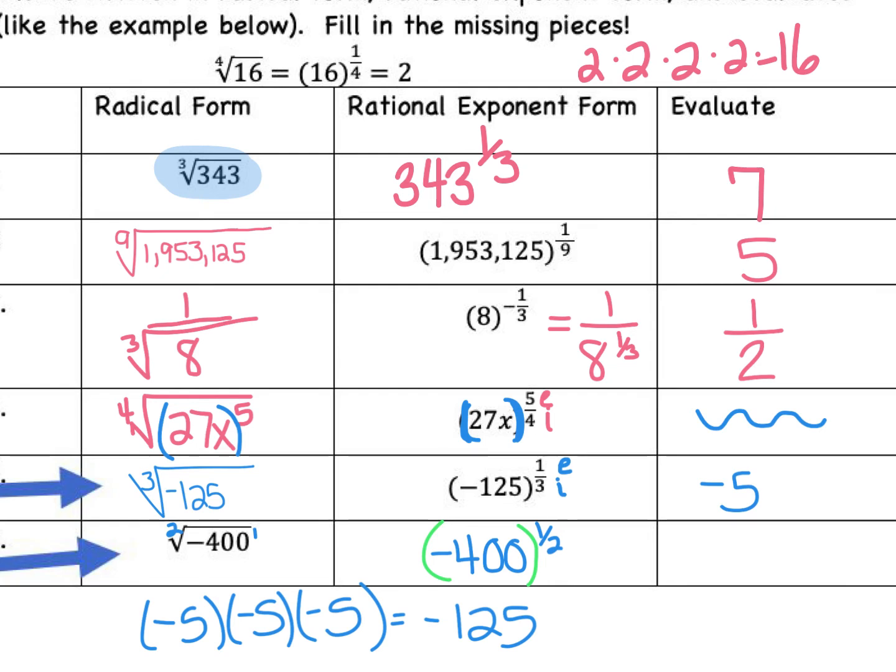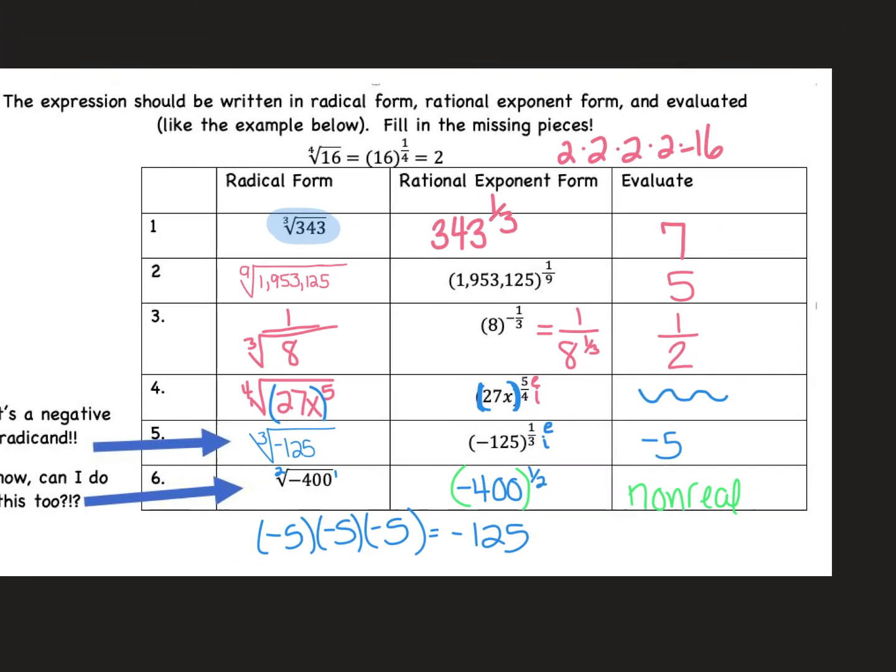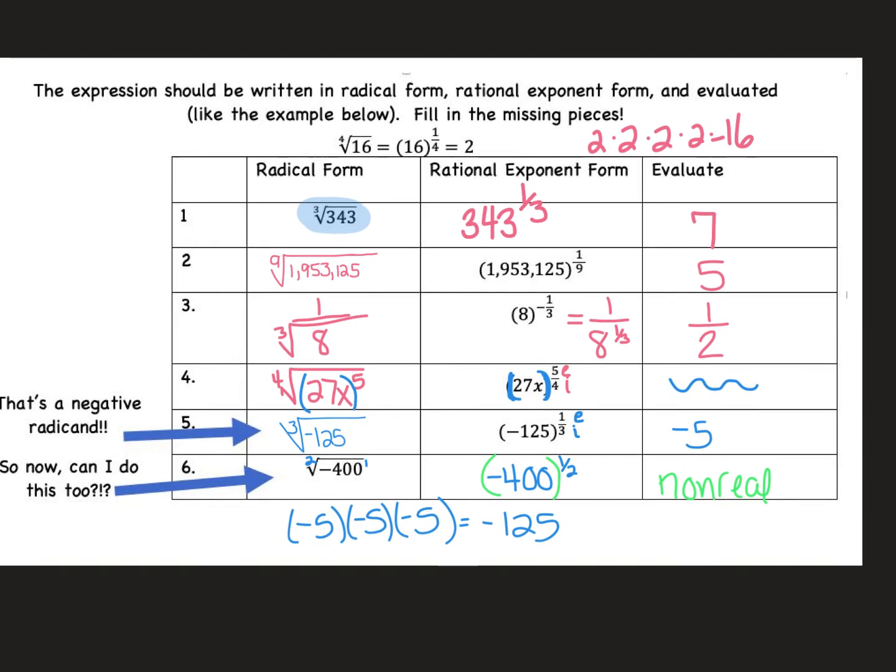But if it's a negative number or if it has a variable attached, you absolutely have to have parentheses around your base. Now this one, what's the square root of a negative value? Well, this is non-real, okay? So we're going to just go back. We're not going to deal with imaginary numbers when we're dealing with higher roots. Might feel like we're taking a step back, but it should actually make things a little bit easier for you.